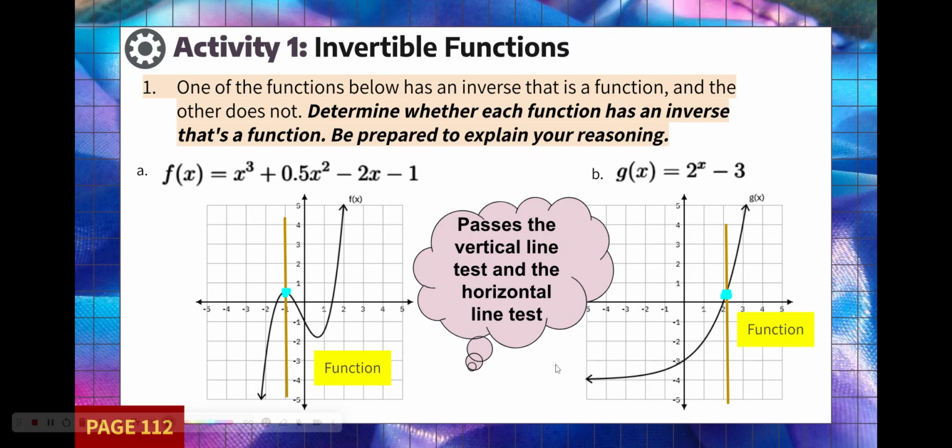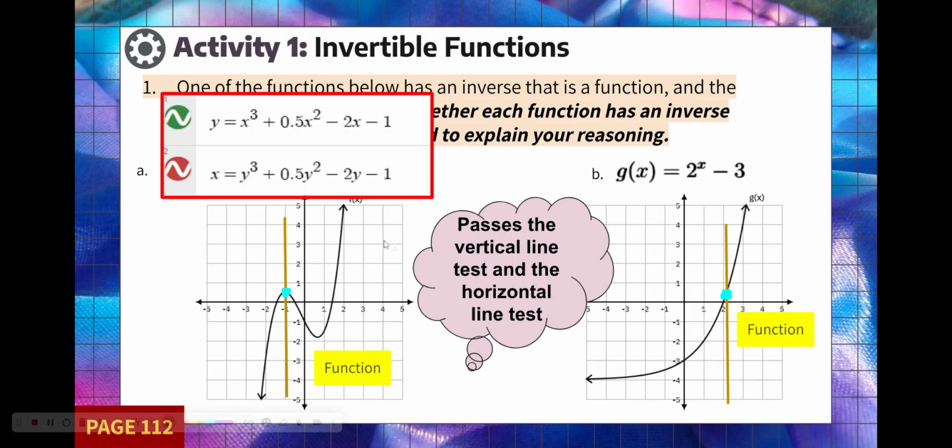Alright? Now, let's do the inverse. Again, this is just a regular function, f of x. Okay, let's begin. Change your function into y equals x cubed plus 0.5x squared minus 2x minus 1. If you change that, you see all y's, and then negative 1.